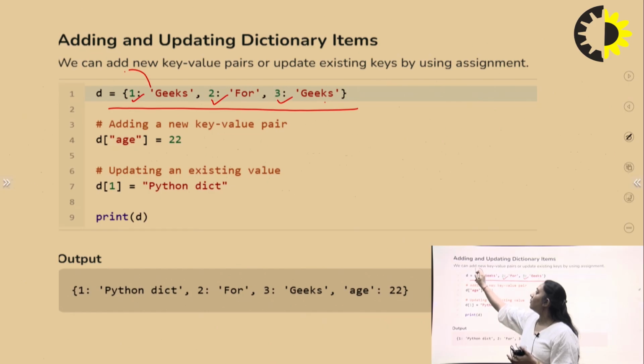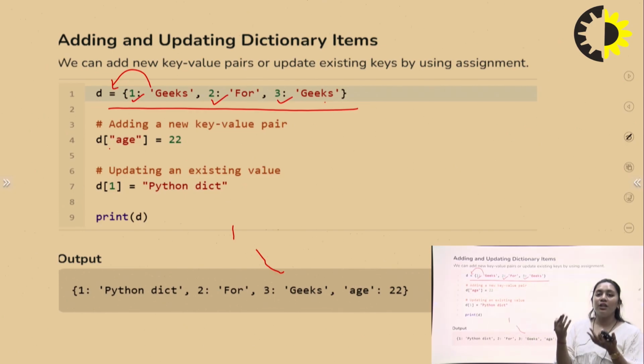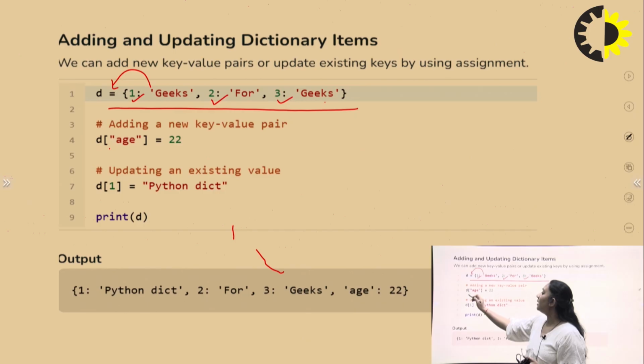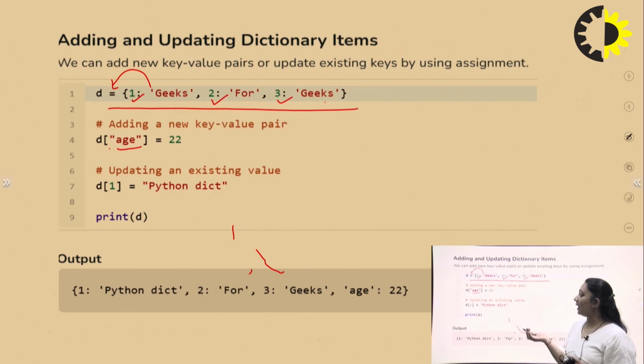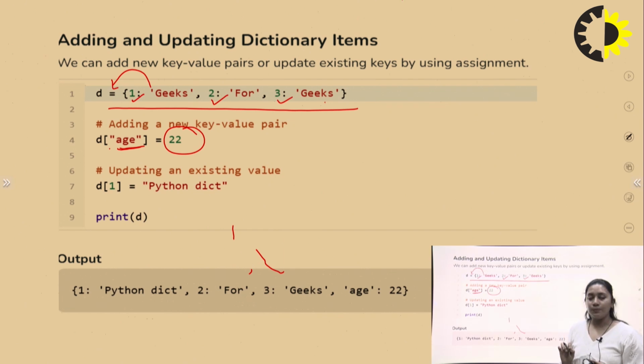The whole data is stored in the D variable. So in D, if you need to add any new data, just write the new key. The key is age, and the value is 22, right?